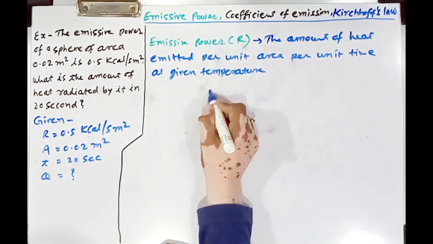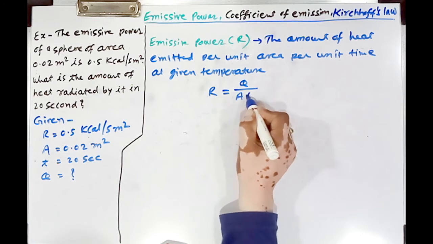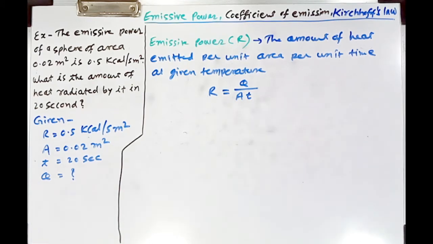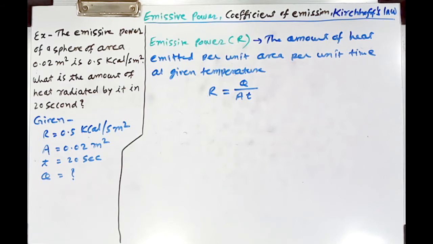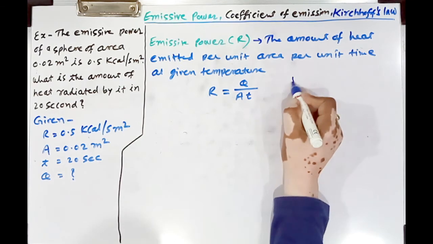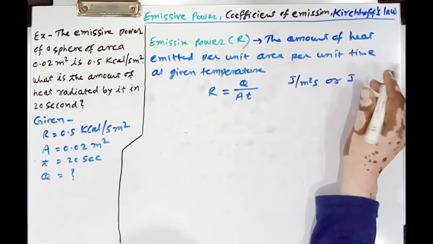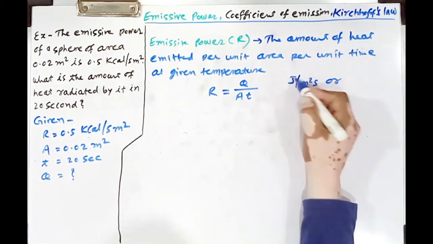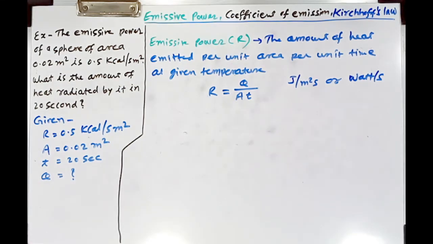It is given by R is equal to Q upon A into T, where R is the emissive power, Q is the amount of heat emitted, A is the area of the body, and T is the temperature. Its SI unit is joule per meter square per second, or watt per meter square. Joule per second is watt.